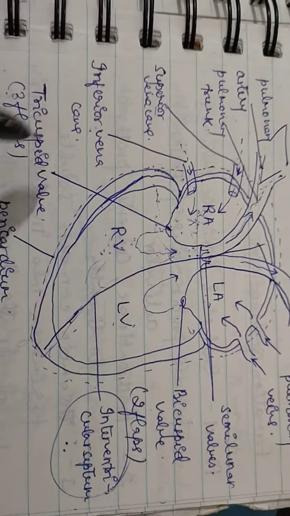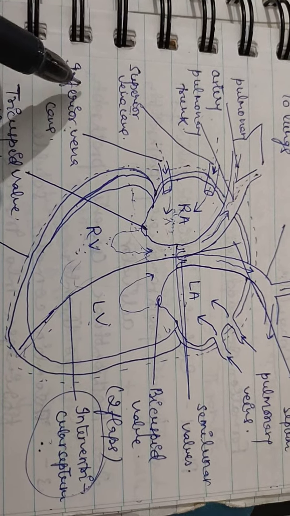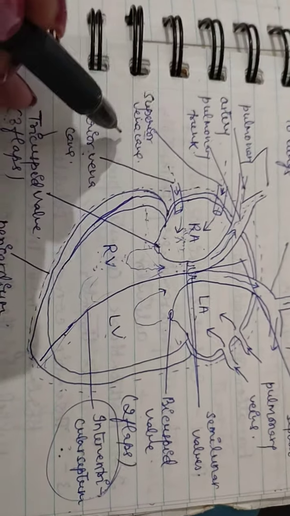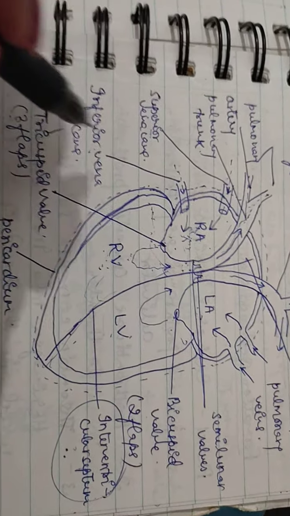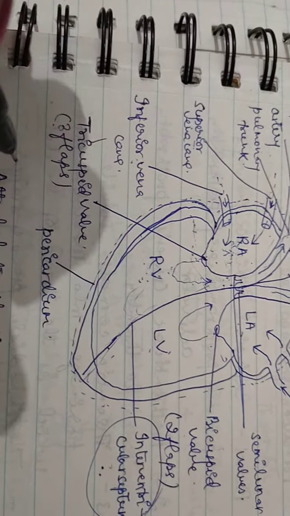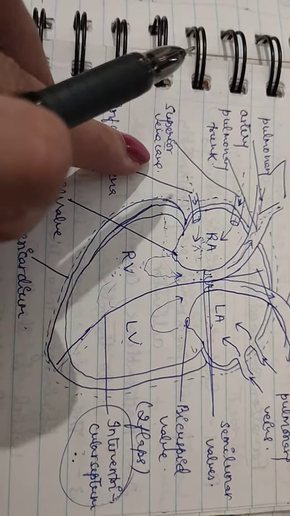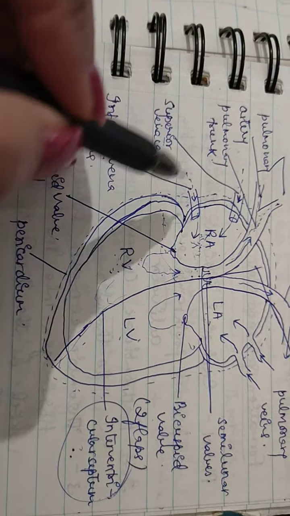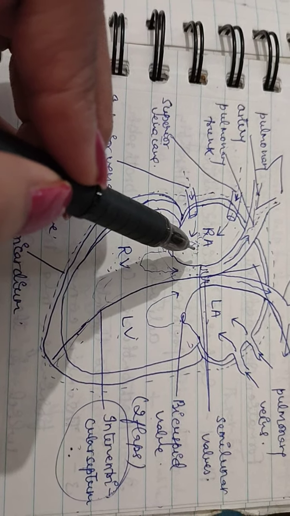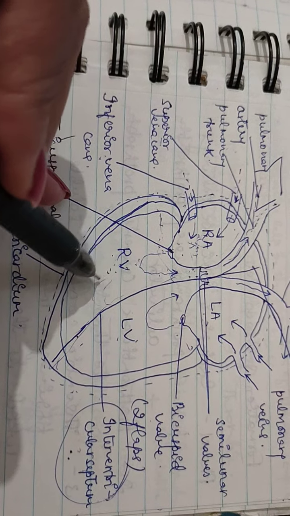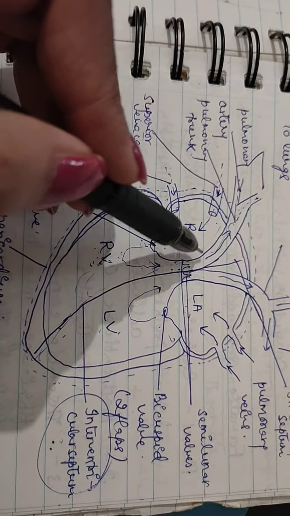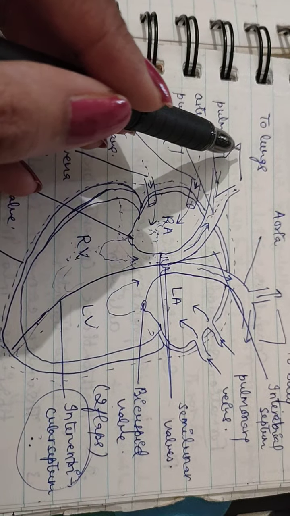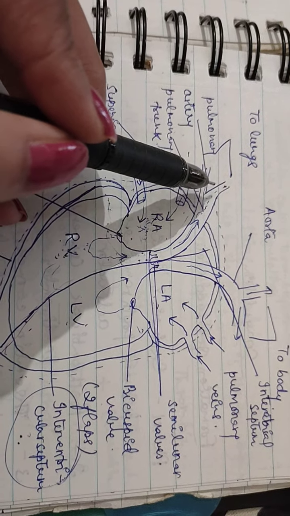Once again, you can see here in the diagram that this is superior and inferior vena cava, which carries the blood. Superior vena cava from the upper part of the body, inferior vena cava from the lower part of the body. It carries the deoxygenated blood, and all this blood goes to the right atrium, then right ventricle, and then to the pulmonary artery, to the lungs, and then the pulmonary vein.